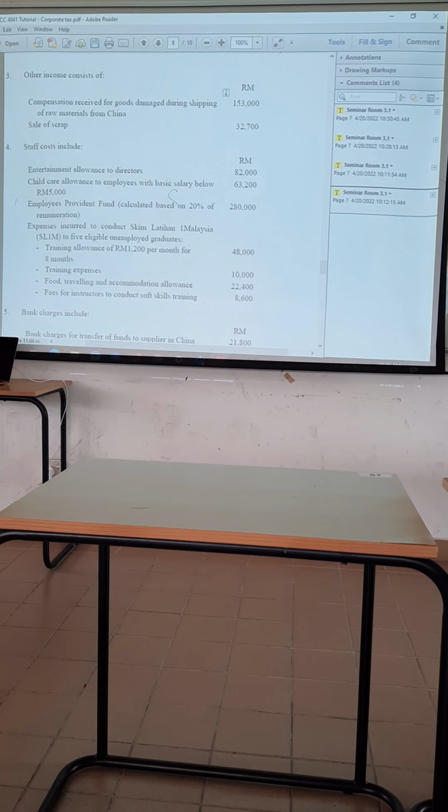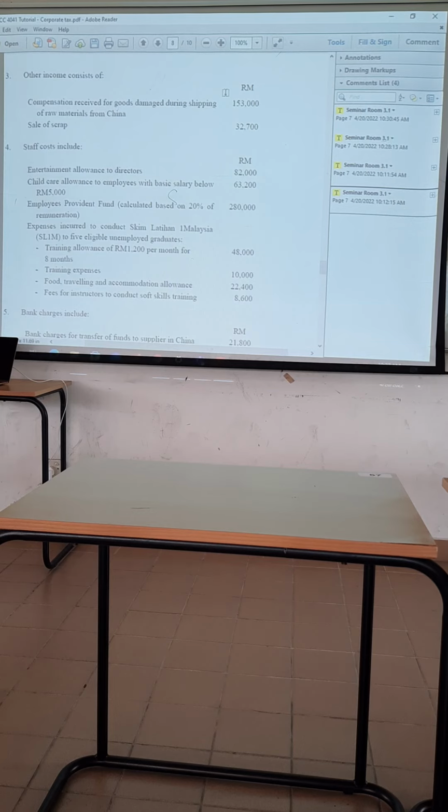Okay, expenses incurred to conduct SLIM, Latihan Satu Malaysia. The details are in the textbook. I don't remember very well, but it's very detailed how much is allowable. I think some of it you can claim double deduction, right? Some of it has a limit of 5,000 ringgit per participant.